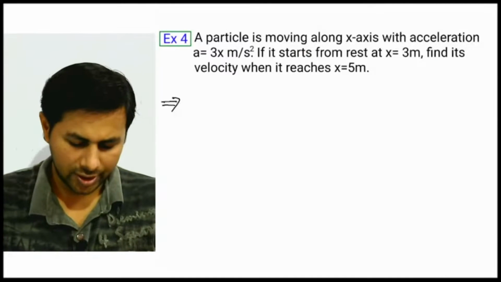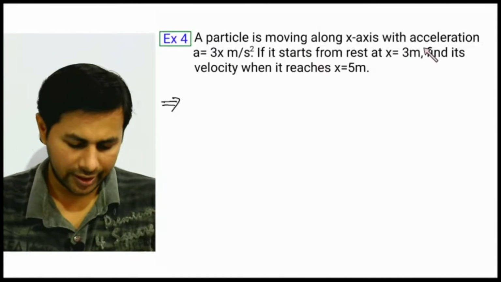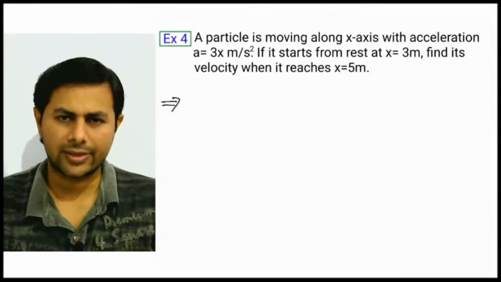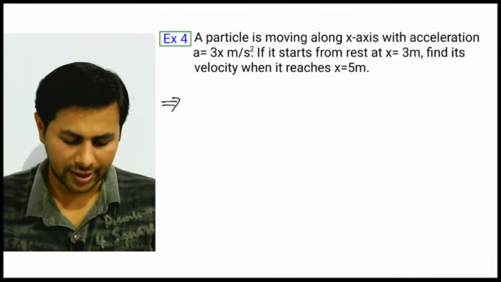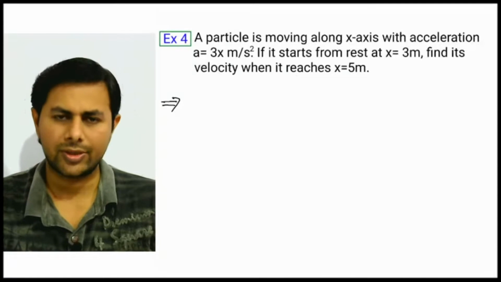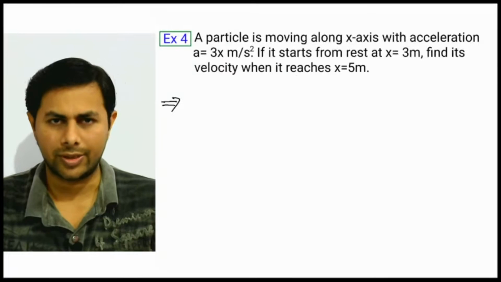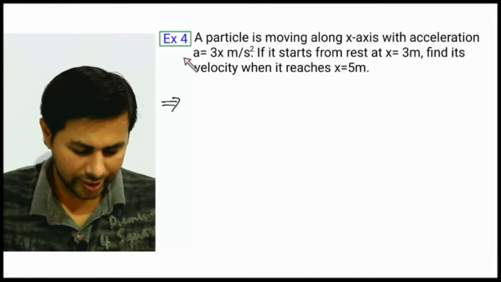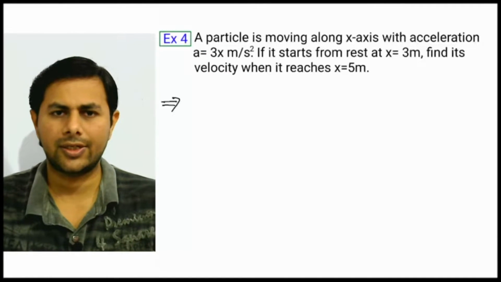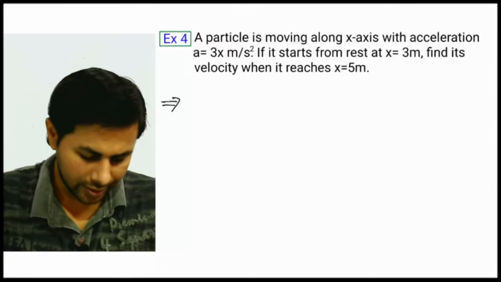So a particle is moving along x-axis with acceleration a equals to 3x meters per second squared. If it starts from rest at x equals to 3 meters, find its velocity when it reaches x equals to 5 meters. So we are given with this relation between acceleration and position of the particle.